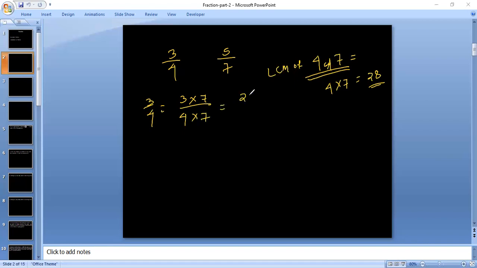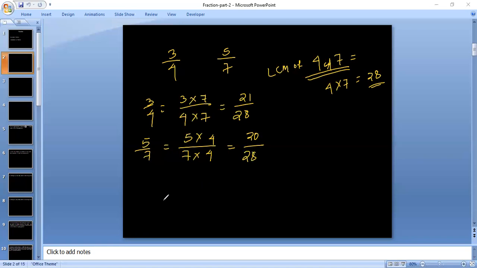Now it will be 21 by 28. Like this, you should also write 5 by 7. 5 by 7 is equal to, 7 के साथ क्या मल्टीप्लाई करने पर 28 हो सकता है? सो 4. So you should multiply 4 both in numerator and denominator. Then it will be 20 by 28.